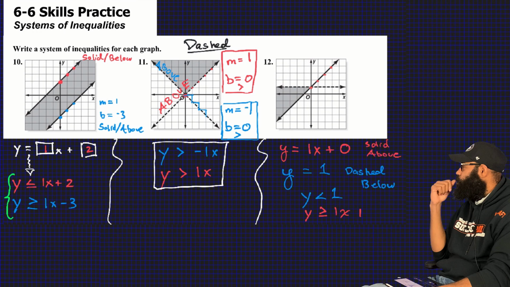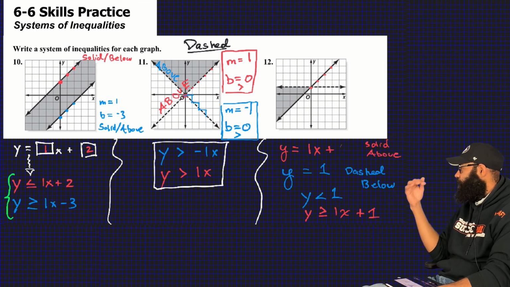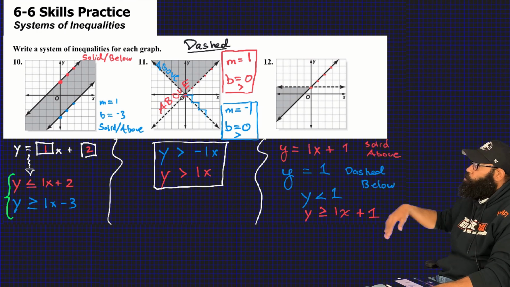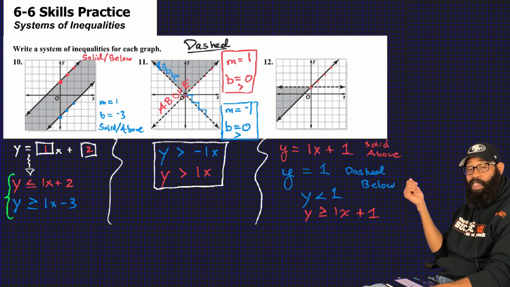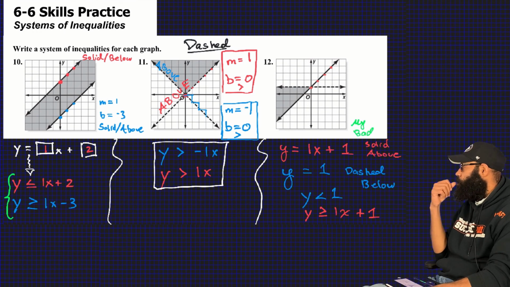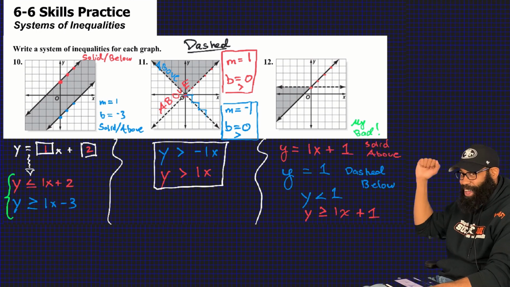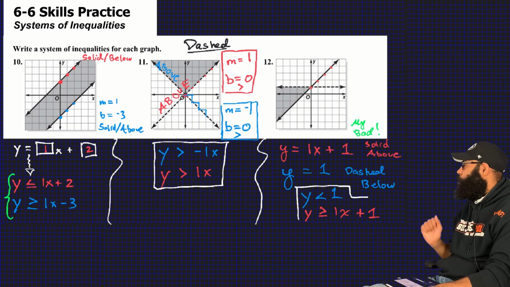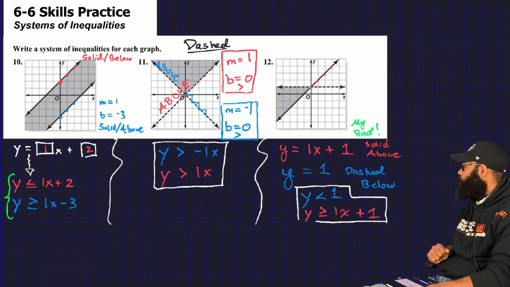All right, and then of course the next one, it's dashed and it's shaded below, so it's where y is equal to 1, but we're not talking equations, we're talking inequalities, so let's go ahead and state it as, yeah, there we go. My bad. Got it.